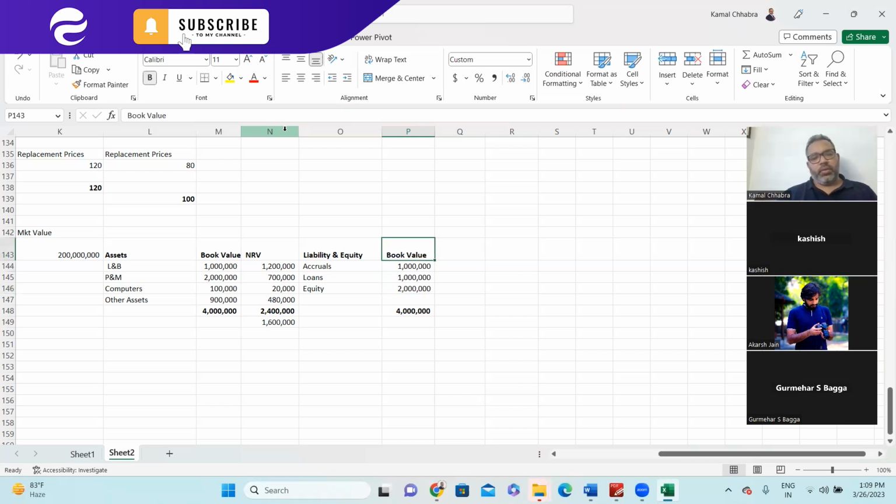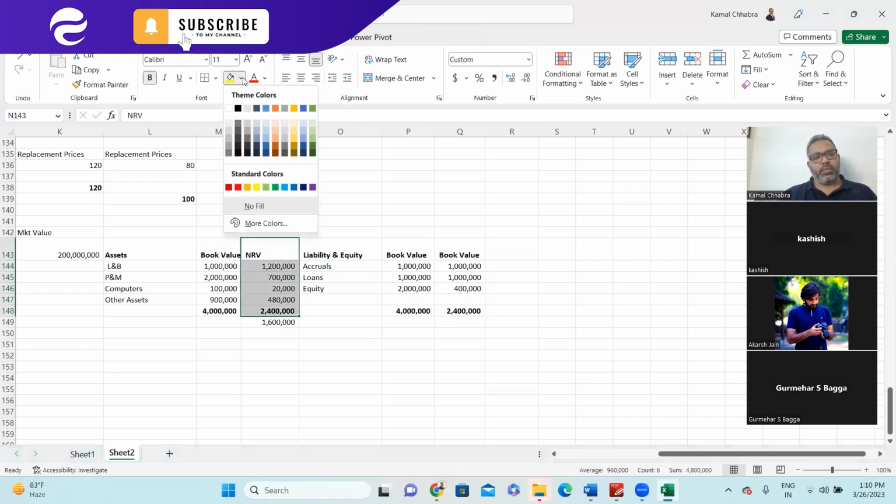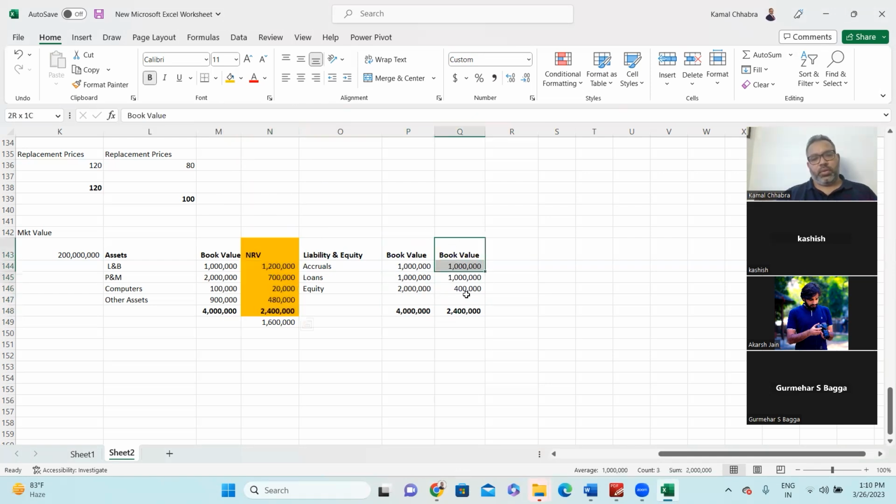So in the restructuring, there will be a reduction in equity of $1.6 million, and then your new balance sheet will look like this, and your liability will look like this. That is called reorganization of share capital or restructuring of share capital.